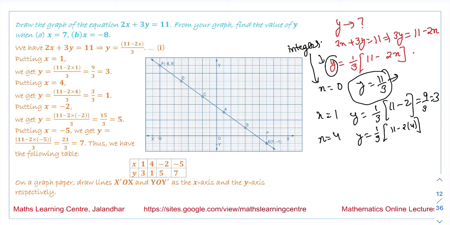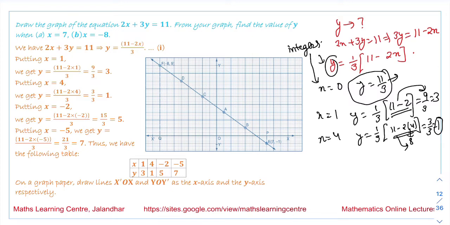We are looking at this term, this is 8, and 11 minus 8 will be 3. So the answer will be 3 by 3 is equal to 1. So we are getting the value 1 over here.